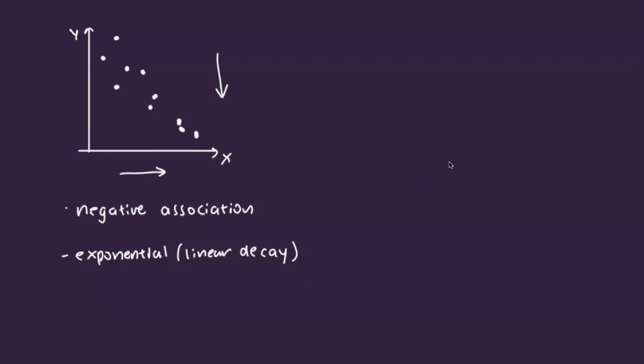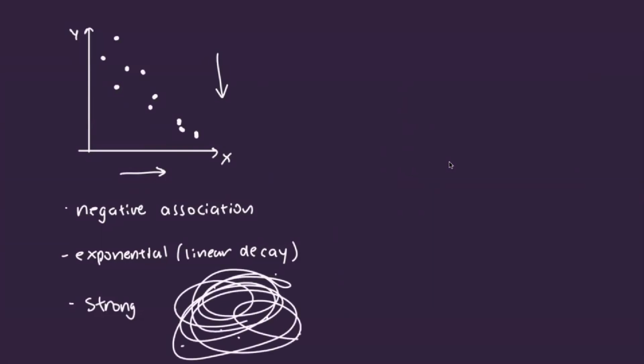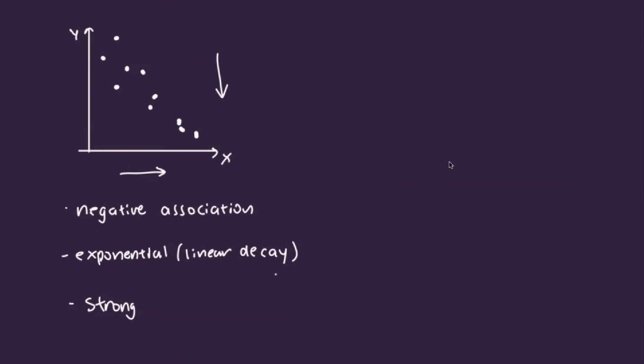And to add just a little bit more, since these dots are relatively close to each other, you can say that this is a strong negative association. If the dots are more scattered with no apparent pattern or very little pattern, then that would be a weak association.